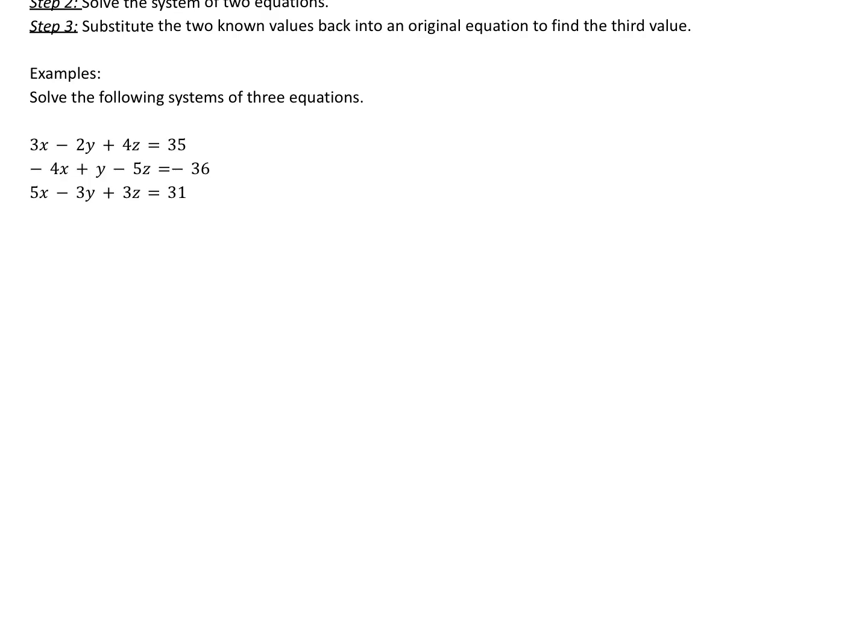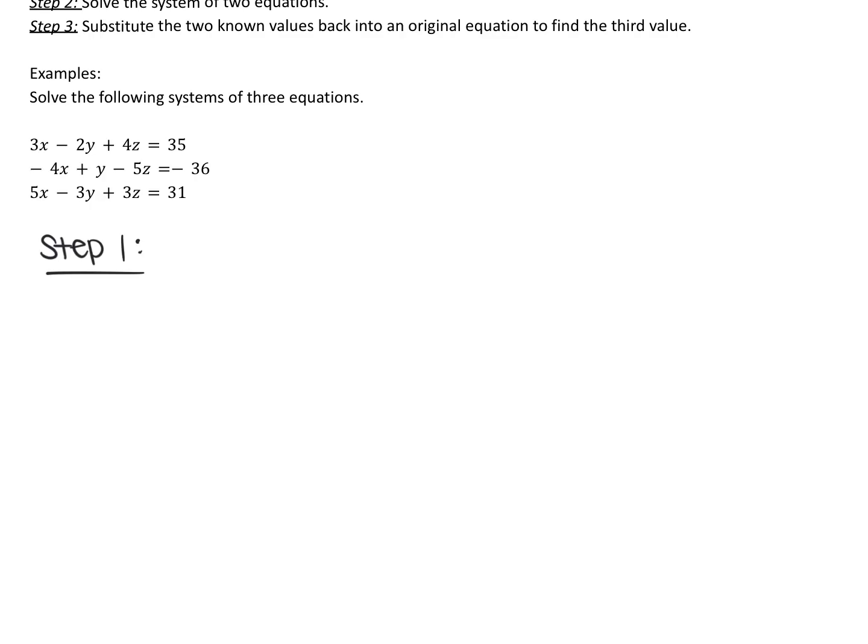In our first example, we have the system 3x minus 2y plus 4z equals 35, negative 4x plus y minus 5z equals negative 36, and 5x minus 3y plus 3z equals 31. When you are doing your first step and trying to decide which variable you want to eliminate from 2 pairs of equations, you want to approach it the same way we do a system of 2 equations.